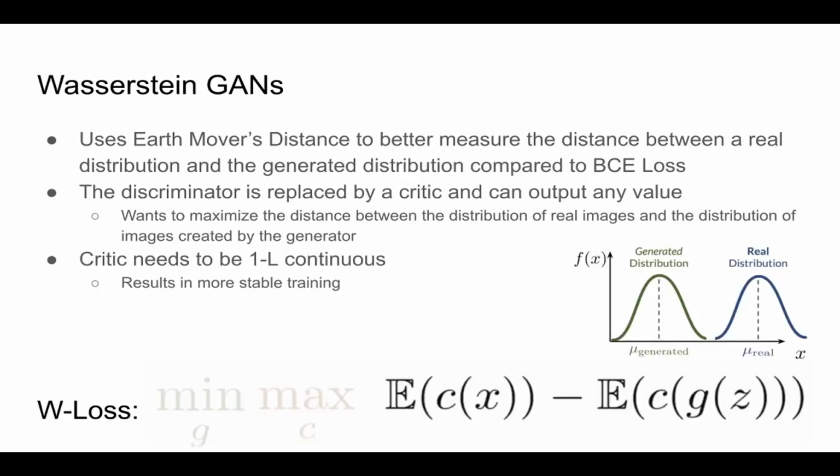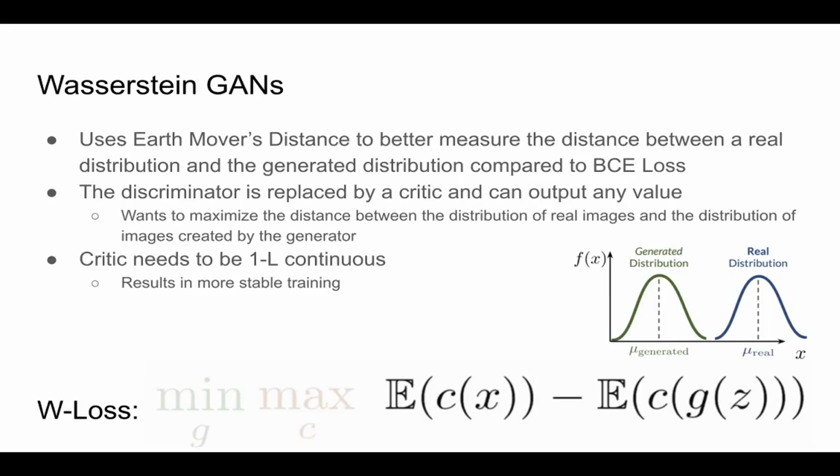A popular architecture that tries to handle these problems is the Wasserstein GAN, as it improves stability and uses a better loss function than a vanilla GAN. The Wasserstein GAN uses the Earth mover's distance to estimate how different two distributions are. And the Earth mover's distance is the amount of effort that it takes to transform a generated distribution into the real distribution.